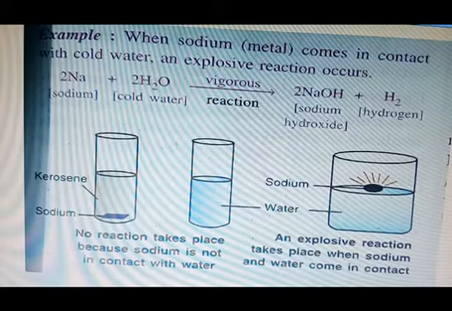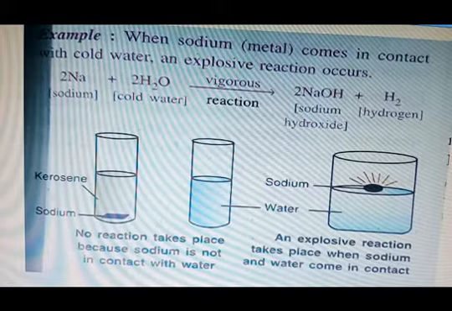Then you can see here, when sodium metal comes in contact with cold water, an explosive reaction occurs. But in the one scenario, whatever we need is there. We need sodium as well as water, and both the things are there. But they are not in close contact, because of which the reaction is not taking place.